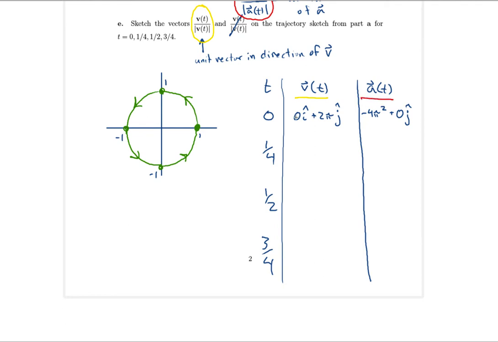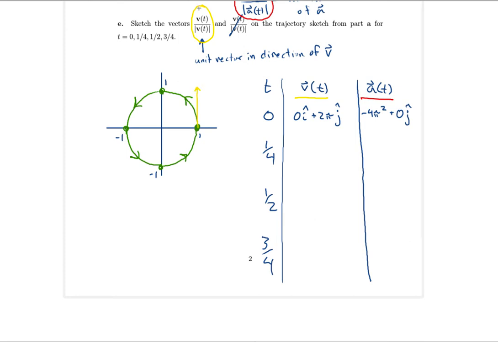So this velocity one, what I'm going to do is have the vector take off from the point where t equals 0. So that would be right here. Now, if I have 0 for the x component, that means I have no left or right movement, and all my movement is in the y direction. So that means I have a vector pointing up like this, right?